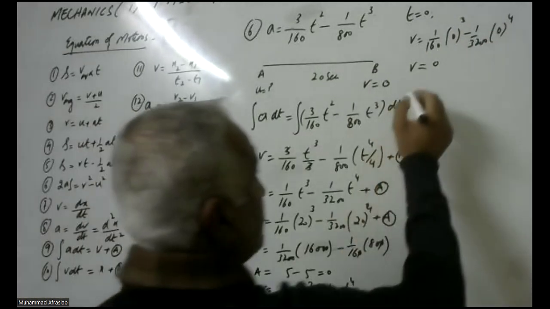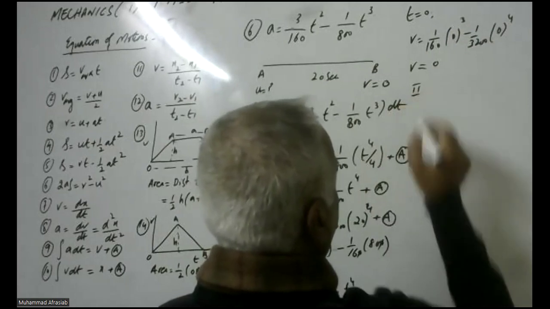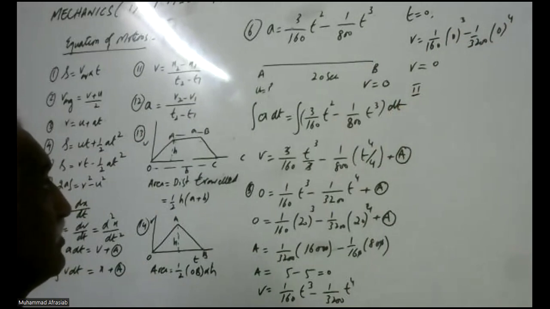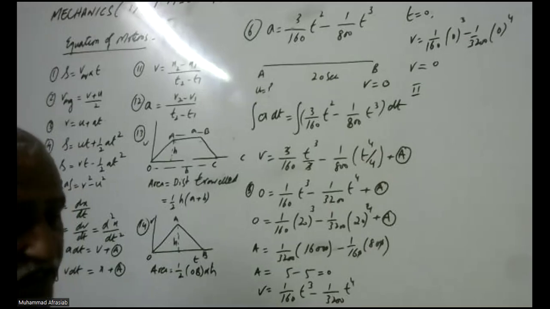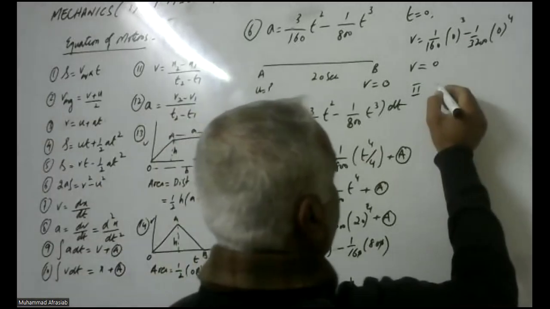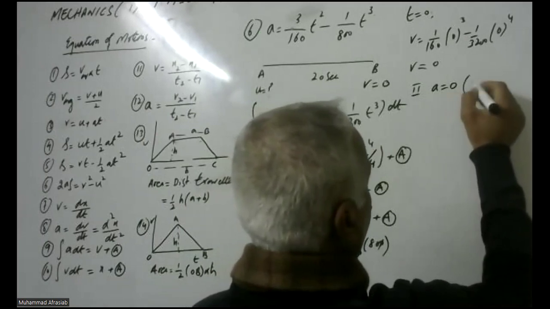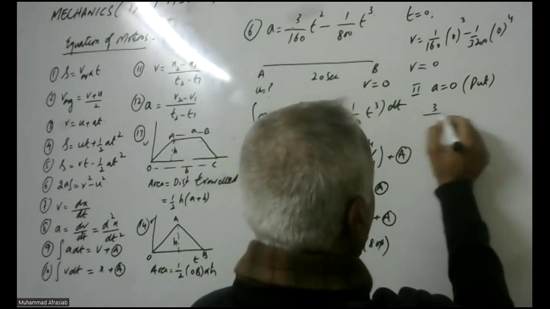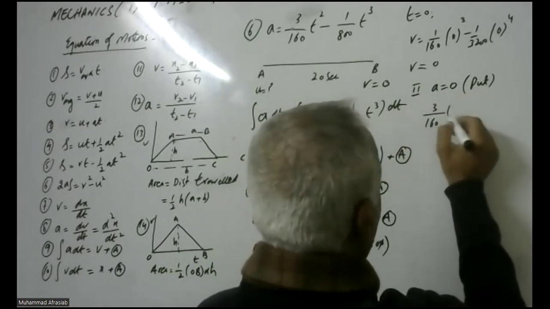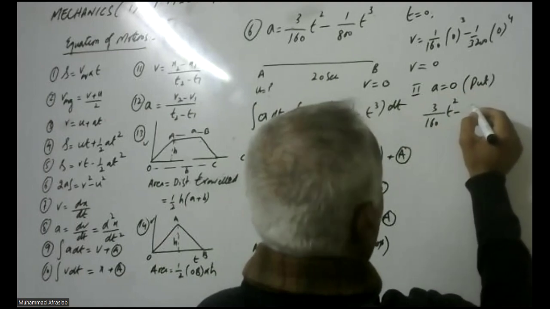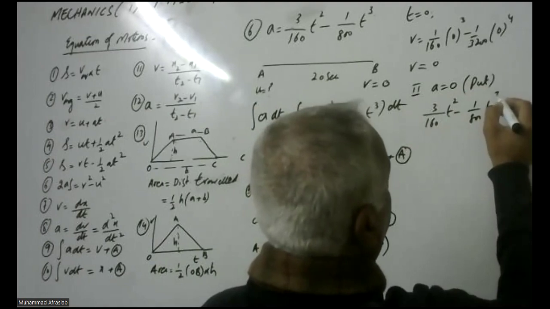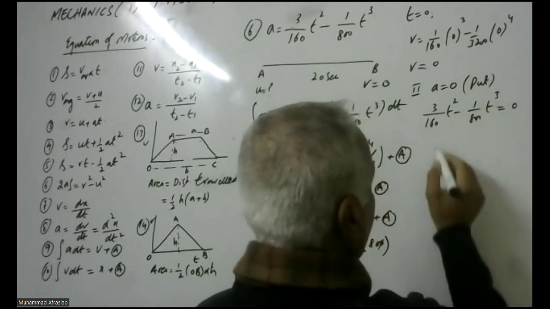Then in the second part, they asked to find the maximum velocity of this particle. We know for the maximum velocity, you put acceleration equal to 0. So when acceleration is equal to 0, this becomes 3 over 160 t squared minus 1 over 800 t cubed equal to 0.